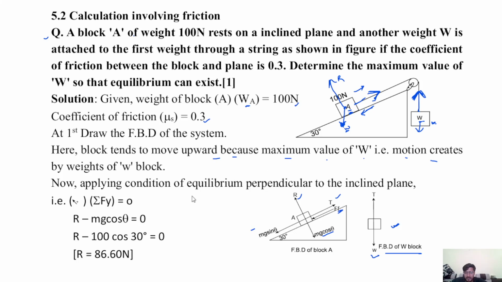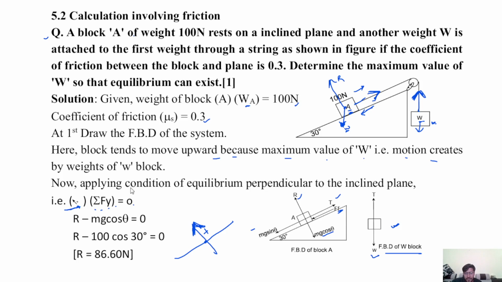Now applying the condition of equilibrium perpendicular to the inclined plane. This is the inclined plane, and we choose the perpendicular to the inclined plane. Assume this direction is vertical and the upward direction is positive, and summation Fy is equal to 0, because there is no movement.